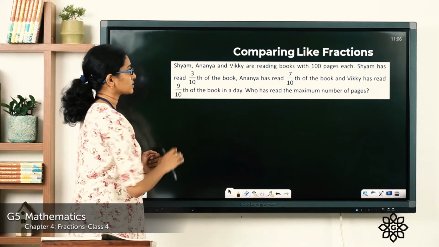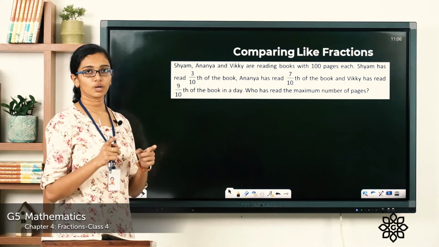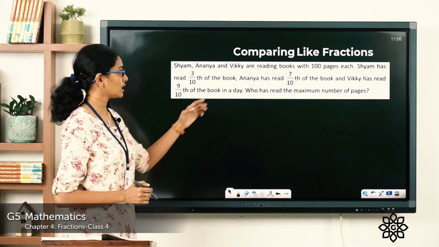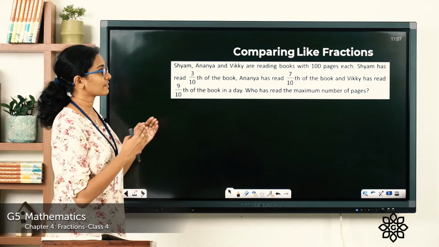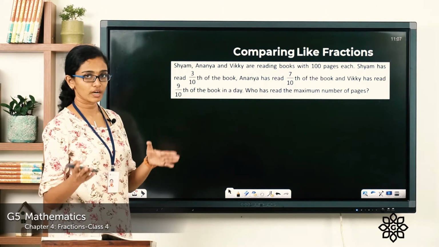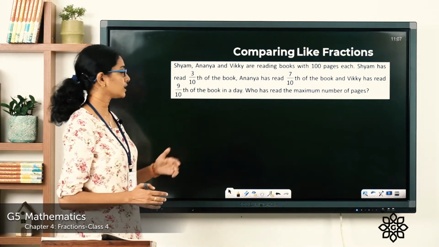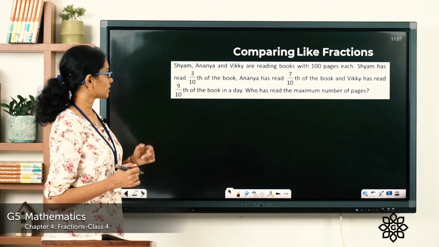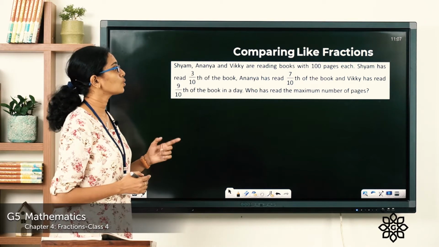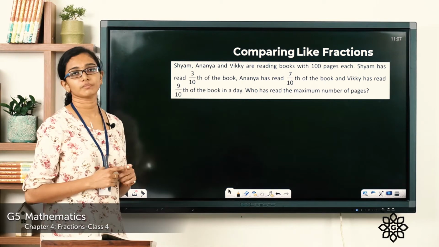Shyam has read 3 by 10th of the total number of pages. Ananya has read 7 by 10th of 100, and Vicky has read 9 by 10th of 100 pages. Now we are asked to find out who has read the maximum number of pages.